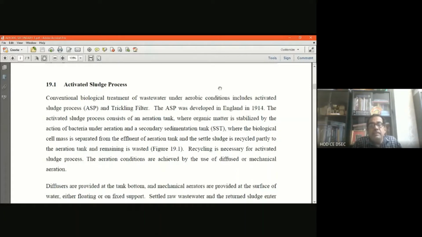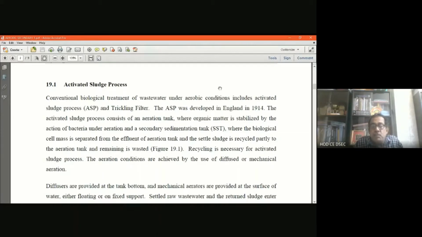Not only that, from this sedimentation tank, the settled sludge, the active settled sludge, is recycled again to the aeration tank for performing the treatment. So that's why it is named as the activated sludge process. Why? The inactive sludge portion is wasted out from the SST, that means the secondary sedimentation tank.